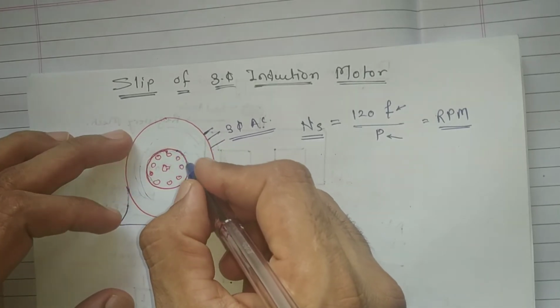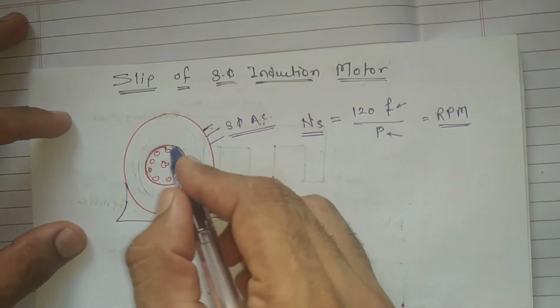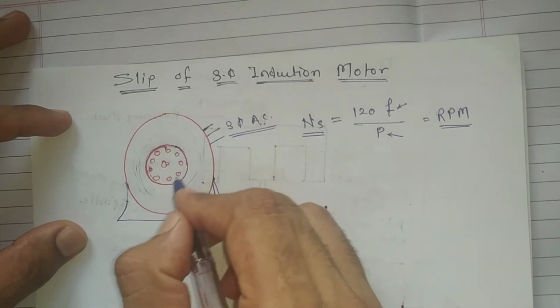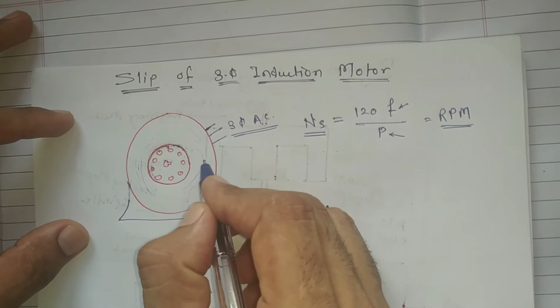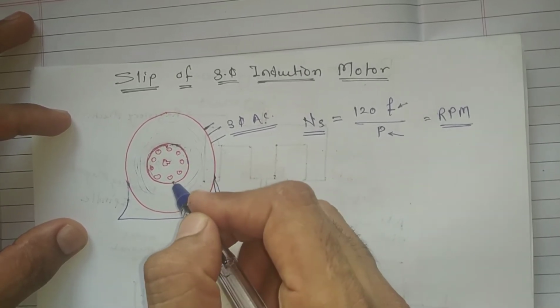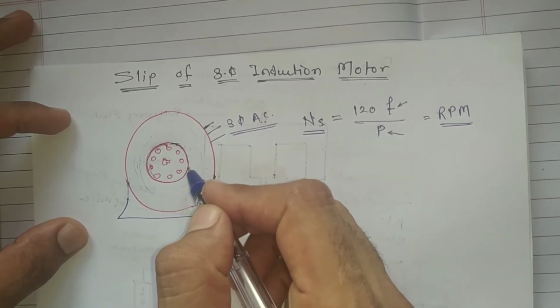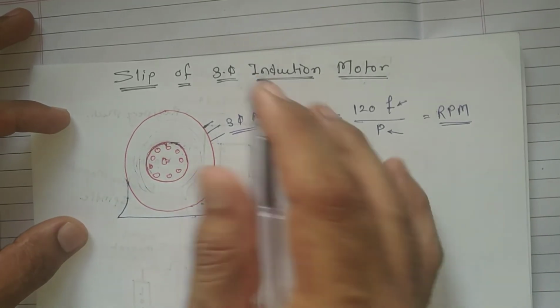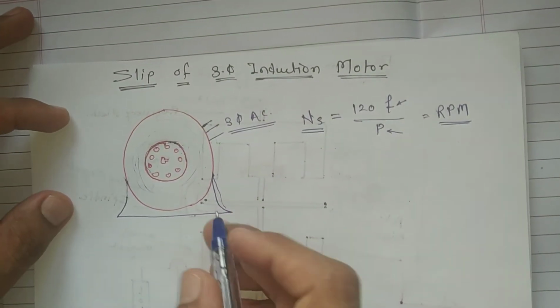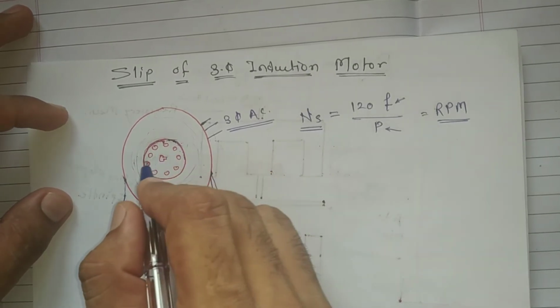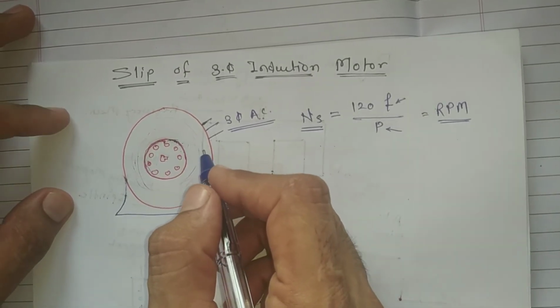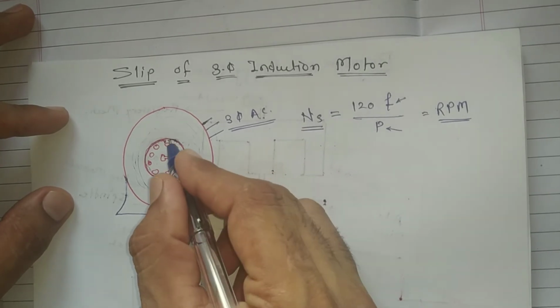After some time the rotor will start rotating, and it will try to catch the synchronous speed. But remember, this will never happen, and it will always lag behind the synchronous speed. From start to run, there is always a difference in actual speed.